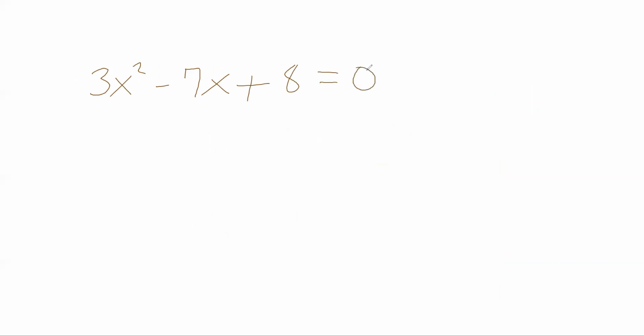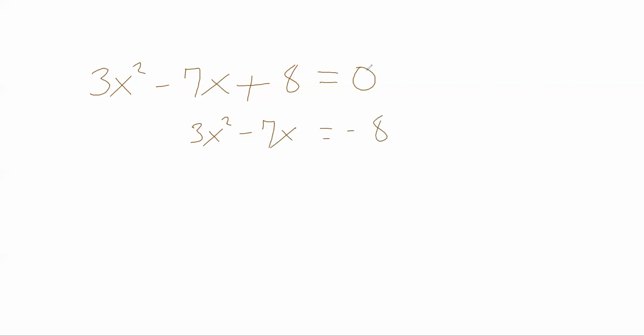I want to make use of that thing I had written down before, x plus n, the square of that. So I have to do some manipulation to this. Although the generic form of a quadratic has ax squared plus bx plus c equals 0, I'm going to rewrite this so that I just have the x terms on the left side of the equation. So we have 3x squared minus 7x equals negative 8.